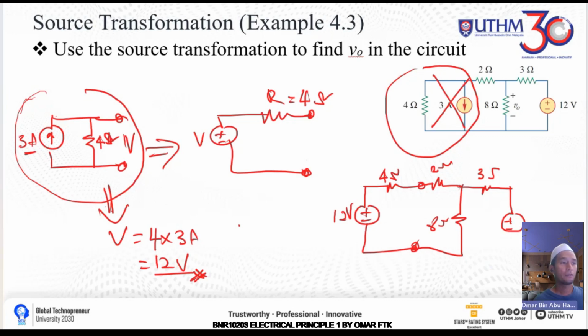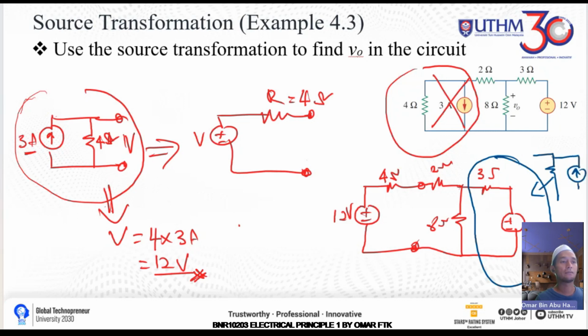And then at the back here, you have to transform this into a current source, like this. So you have R and I here. So how do we do it?